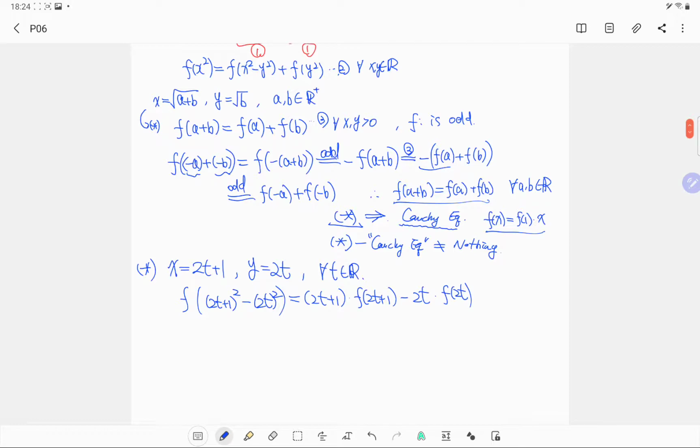Actually, for the equation 3, we can also show that by letting b equals a, then we can have f of 2a equals 2 times f of a.